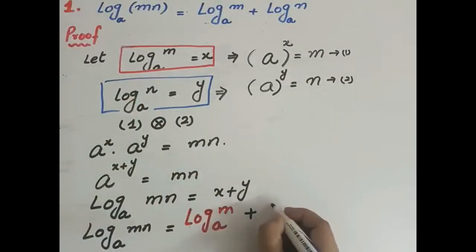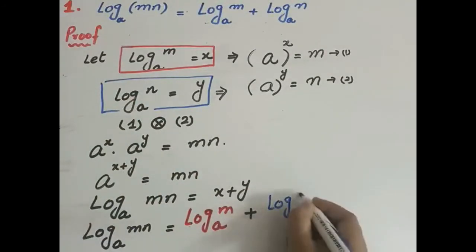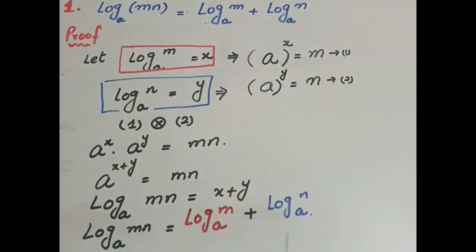The y value is log n to the base a. Hence it is proved that log mn to the base a is equal to log m plus log n. So multiplication is converted into addition after the application of logarithm.